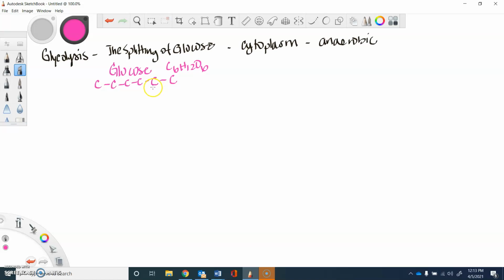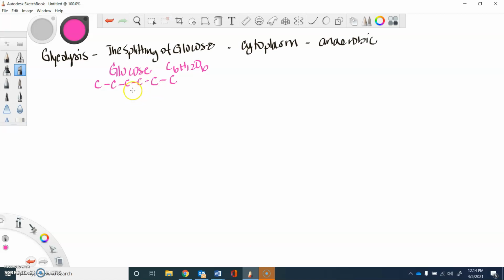And the cell wants to keep glucose entering the cell. But if glucose is entering through facilitated diffusion, it's entering by its concentration gradient. So if the cell starts to fill up with glucose, then the gradient will decline and glucose will kind of stop flowing in.